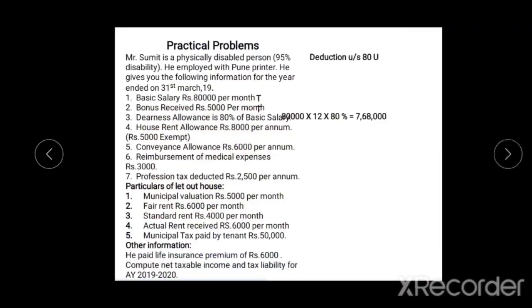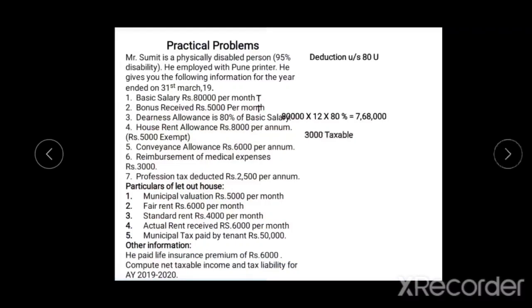So what we have to do? 80,000 multiplied by 12, we will get the full basic salary, and we have to calculate 80% of that. I have done the calculation and the amount will come 7,68,000, and the dearness allowance is taxable under the head income from salary.